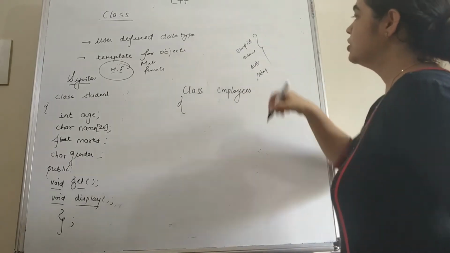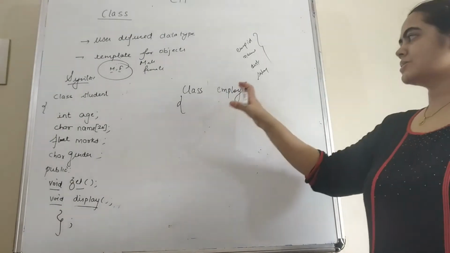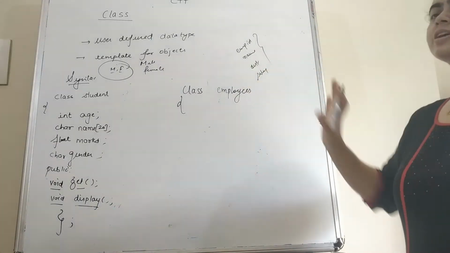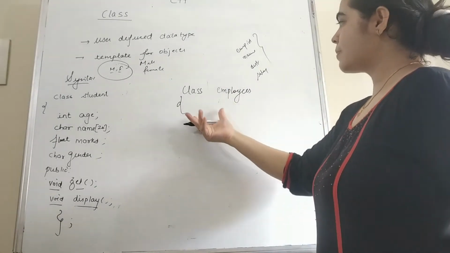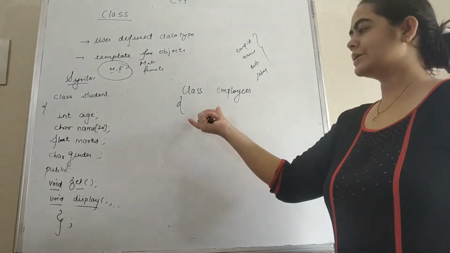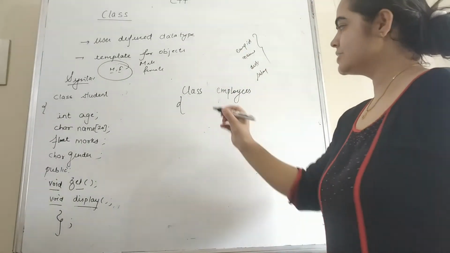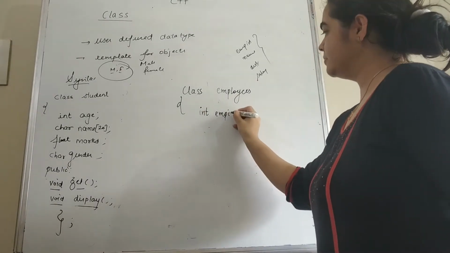Okay students, so we have more data members that are associated with this employee category, but in this example we can take 3 or 4 data members only. So by default these are private, so there is no need to write the access specifier here. Employee ID is an integer, so here we can write int employee ID.